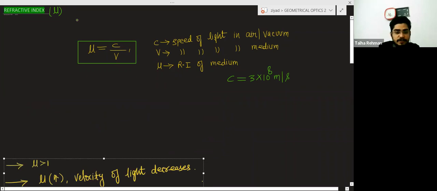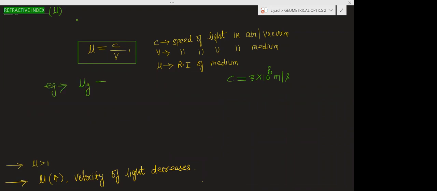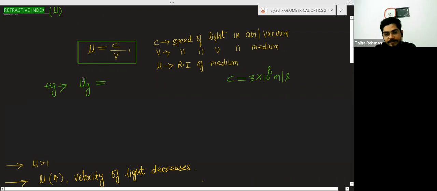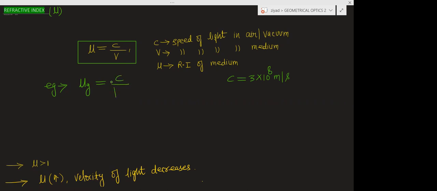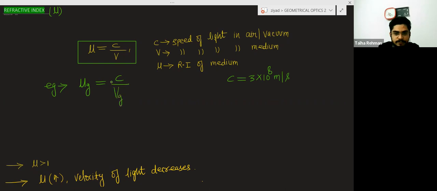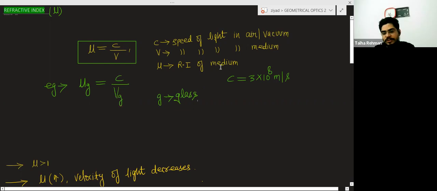For example, the refractive index of glass is equal to the speed of light in air or vacuum divided by the speed of light in glass. And the speed of light in air or vacuum is given by 3 into 10 to the power 8 meter per second.